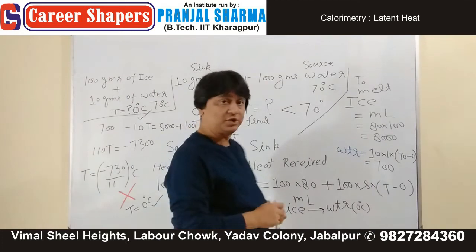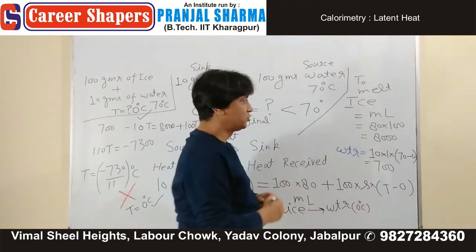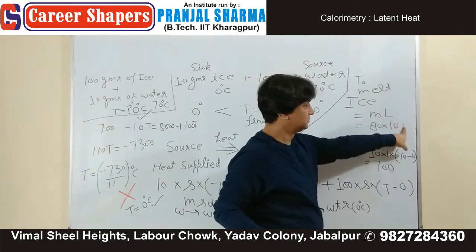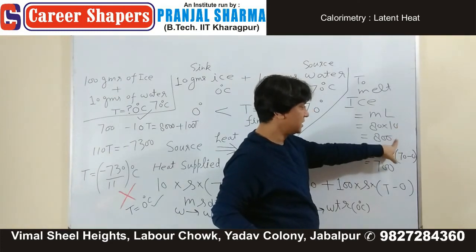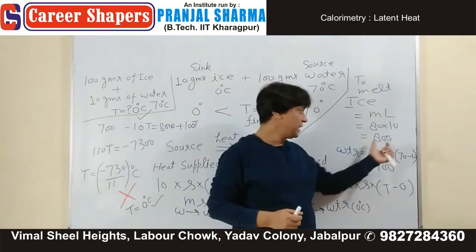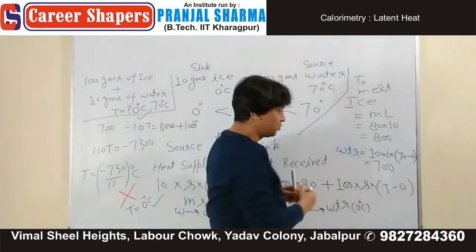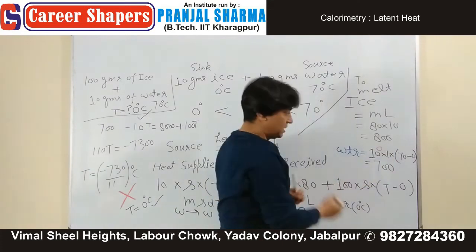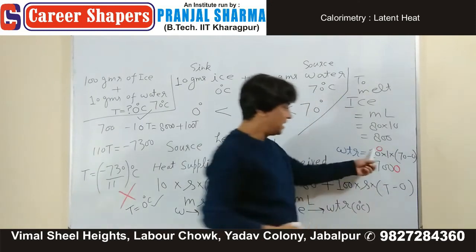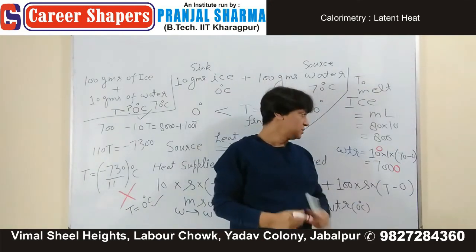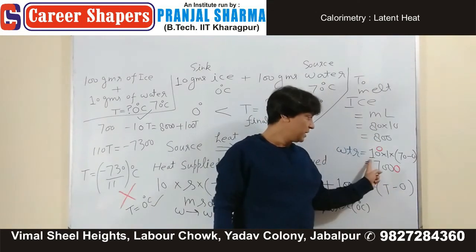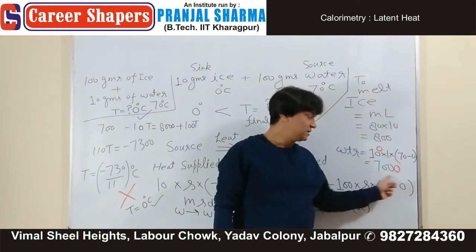In the previous case, things were what? In the previous situation, this was 10. So this was what? 800. So how much heat was required? Only 800. This thing was 100. This thing was 7,000. Since this is 7,000, you can get a supply of 7,000 joules.